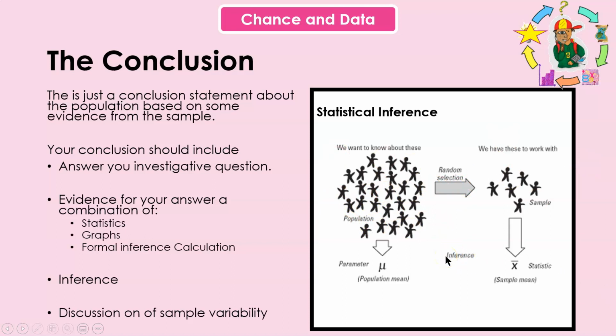People move, things change really quickly. It's much easier to do that to a sample and then get your statistics and imply that about the population. So it's about looking at our sample and then thinking about what that means about the population. What characteristics can we see in the sample that we could imply are in the population?